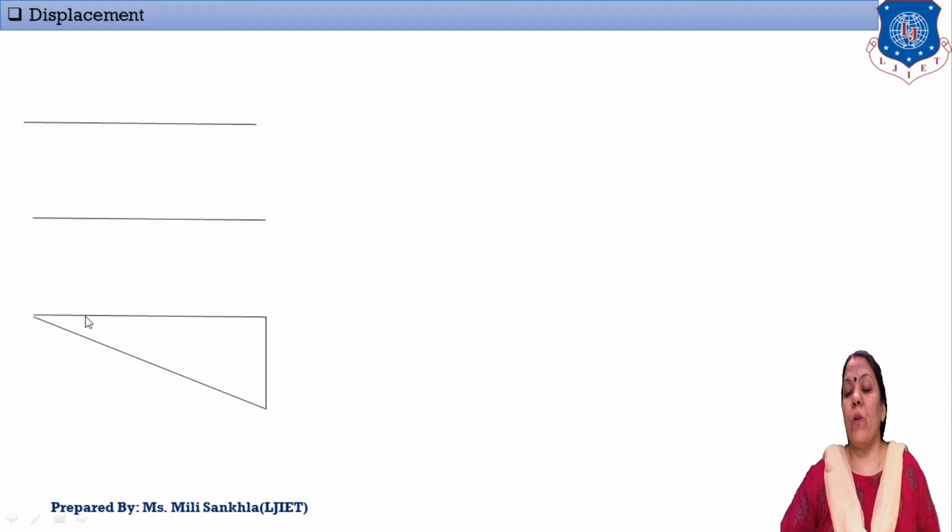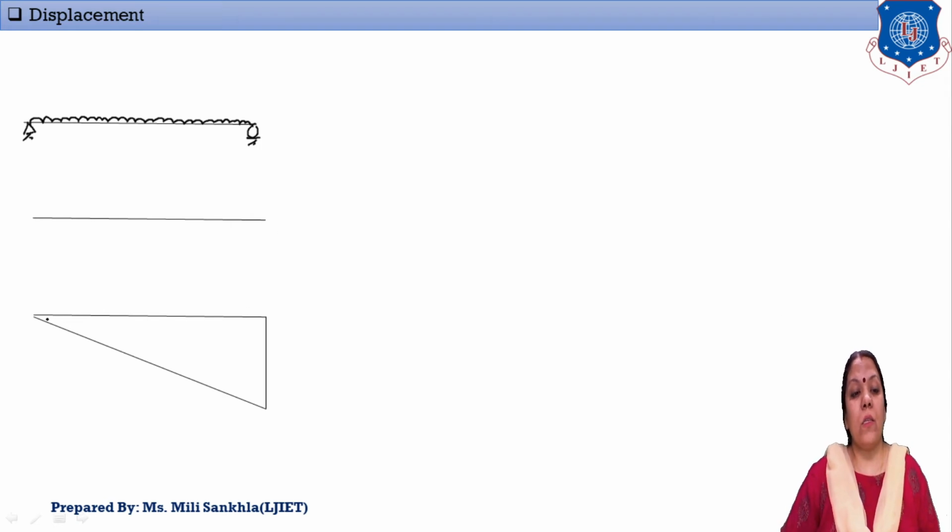Now here again I draw the diagram. This is our simply supported beam, subjected to UDL load.